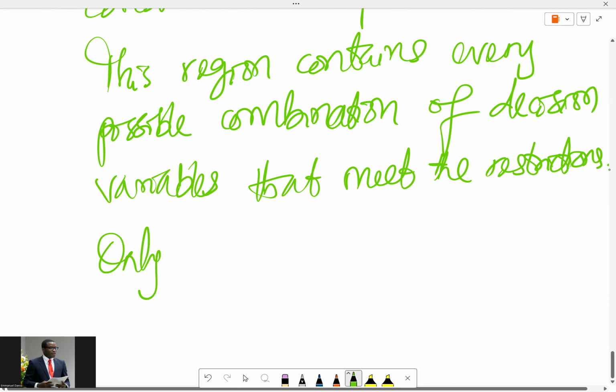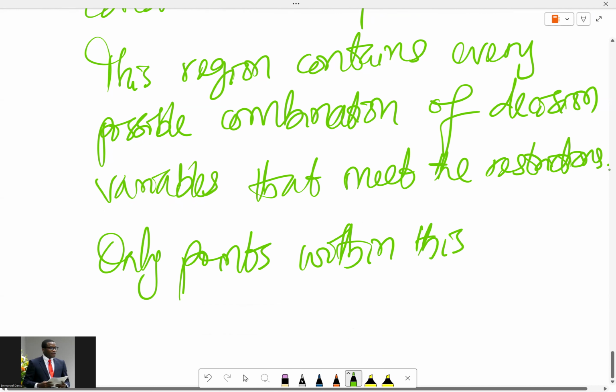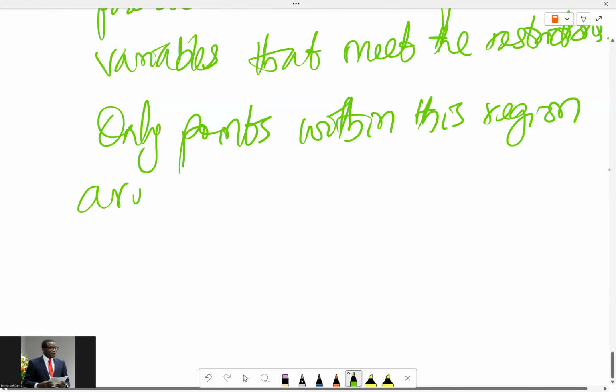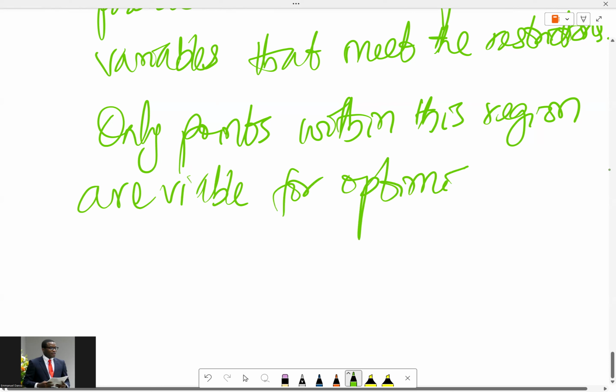So only points within this region are viable for optimizing the objective function.